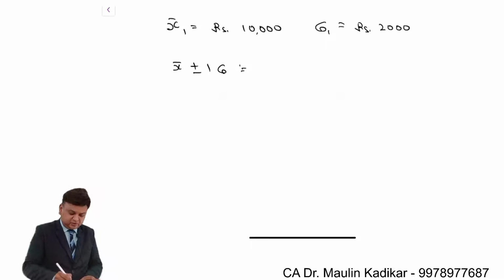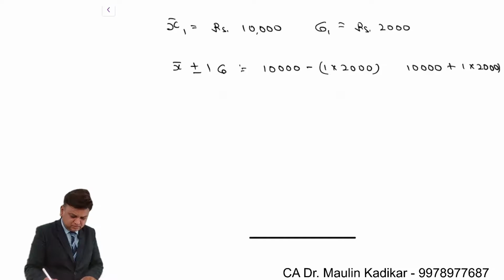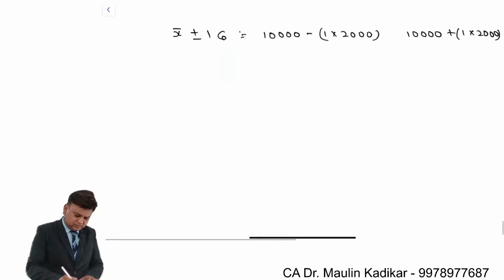Why? I just explained that to you. So 10,000 minus 1 into 2,000 and 10,000 plus 1 into 2,000. So in that case it is 8,000 and over here it is 12,000.